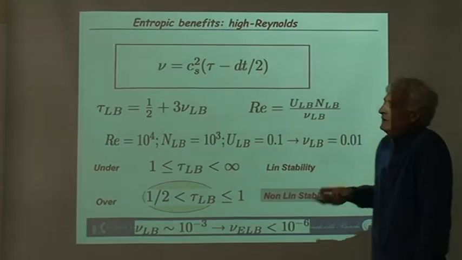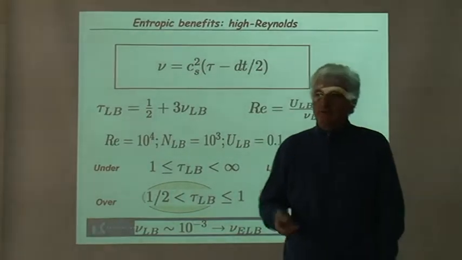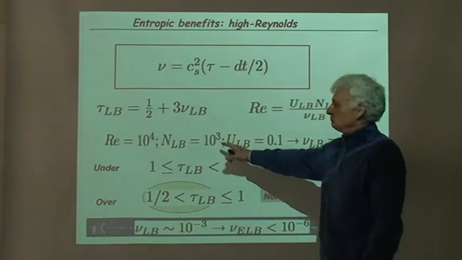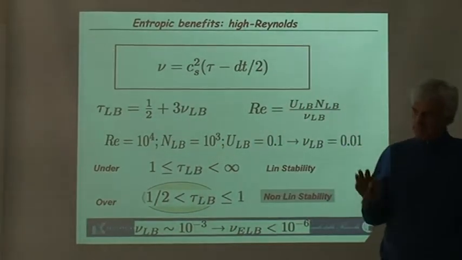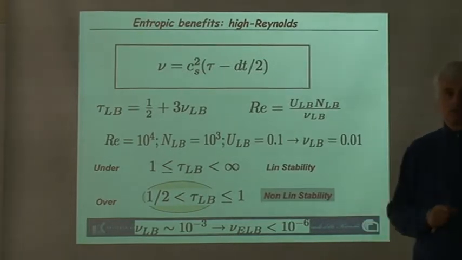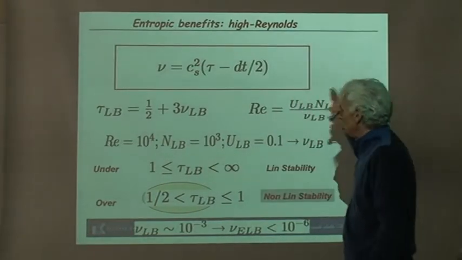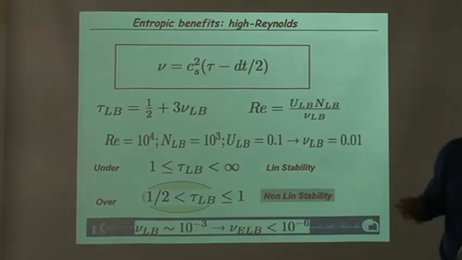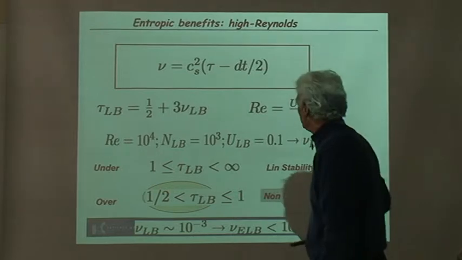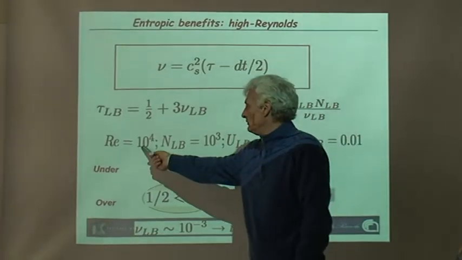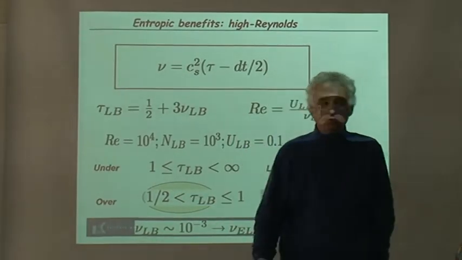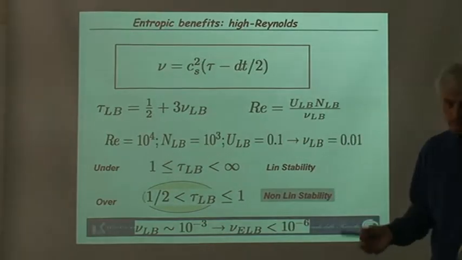So, Lattice Boltzmann velocity, length, and viscosity in Lattice Boltzmann units. Now, how many grid points can I reasonably afford as we speak? Say 1,000. 1,000 cubed is a pretty serious simulation these days. Right? So N_LB would be of order 1,000, it cannot be 10 to the 9, in 3 dimensions. And suppose I want a Reynolds number of 10 to the 4, which is again pretty serious.